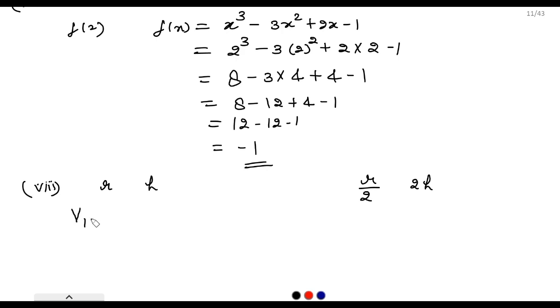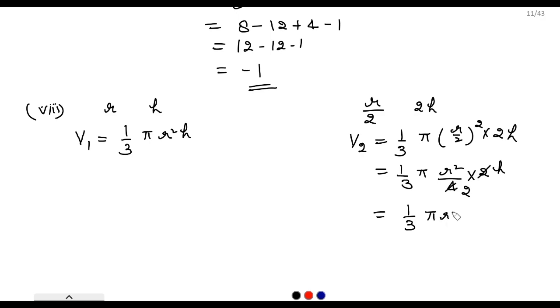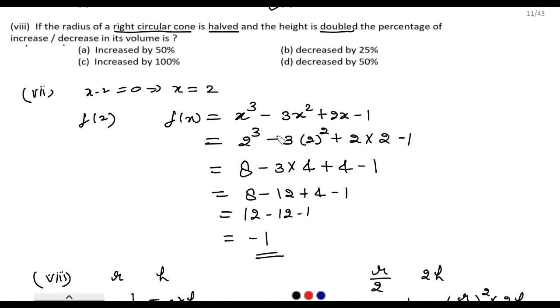Then volume of original cone will be 1 upon 3 pi r² h and the new cone will have radius r by 2 and height 2h. Dividing, the volume becomes 1 by 2, means volume is halved. It means it is decreased by 50%. Option D is the right option.